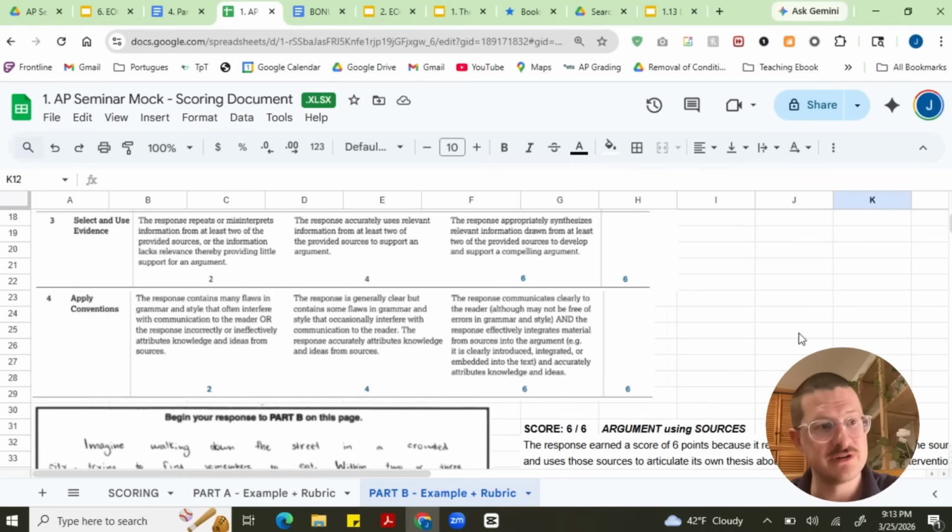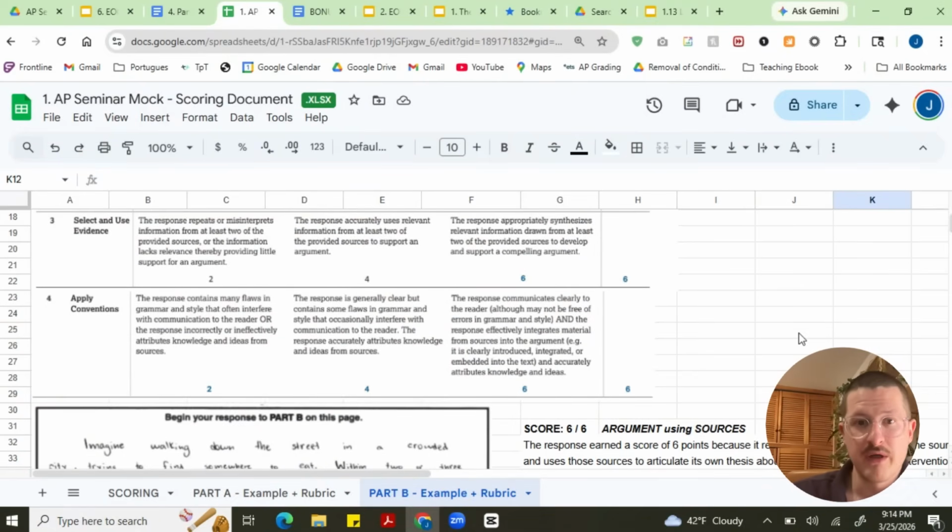It is clearly introduced, integrated, embedded in the text, and accurately attributes knowledge and ideas. Accurately attributes. So in other words, you've shown your grader you know how to use a source. You set it up: the hamburger, you introduce who it's coming from; the meat, that's maybe a quote or a paraphrase; and then some analysis. Make an evidence sandwich. That's what they're looking for here.